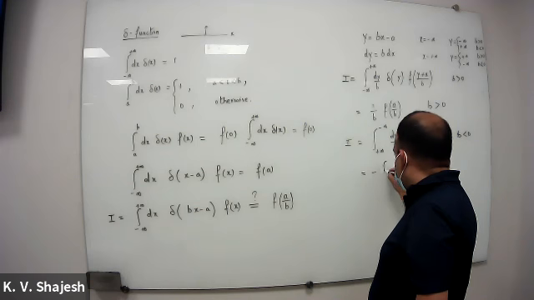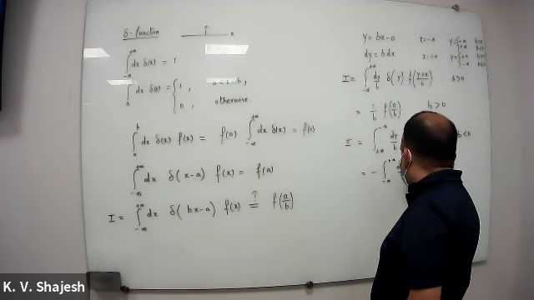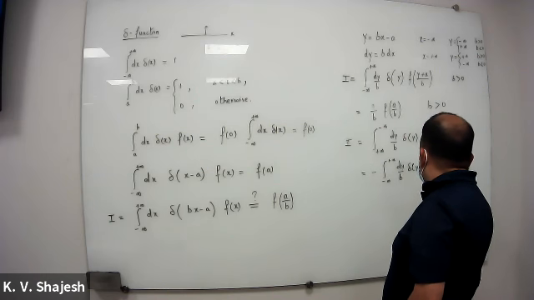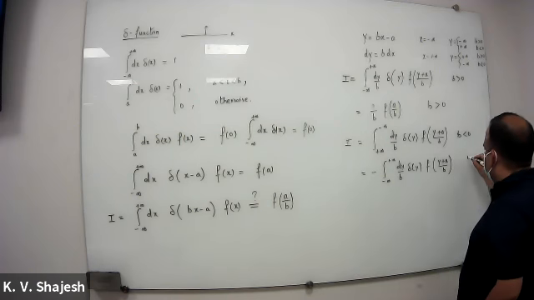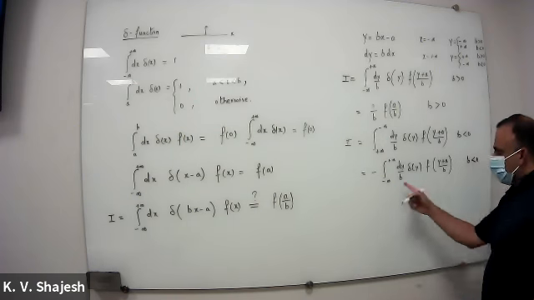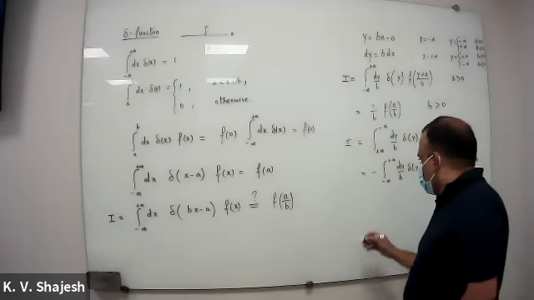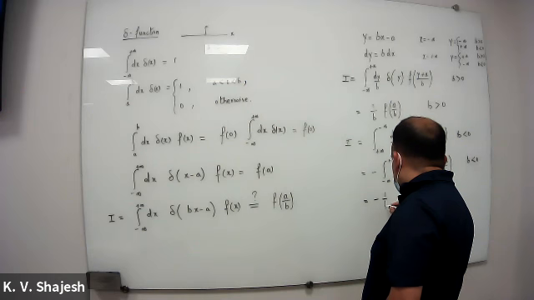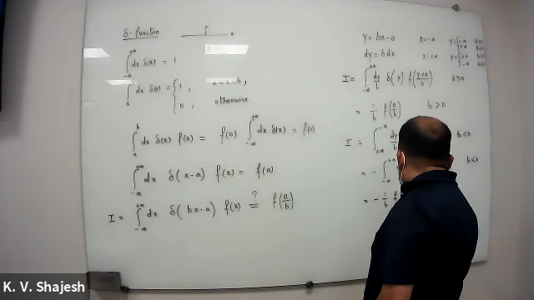So that's minus of minus infinity to plus infinity. That's again for b less than 0. Now evaluate this using the idea of the delta function. So it's minus 1 over b, f of a over b, if b was less than 0.